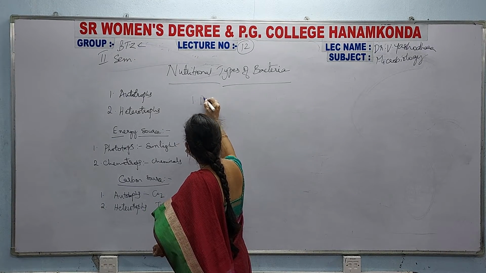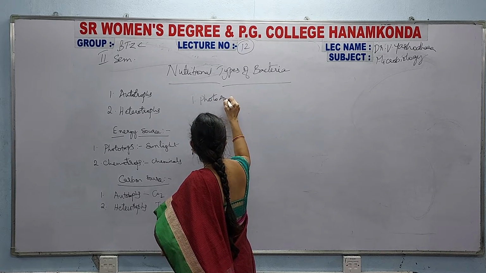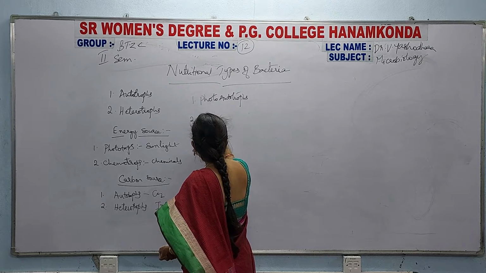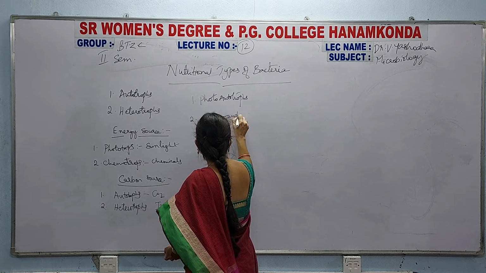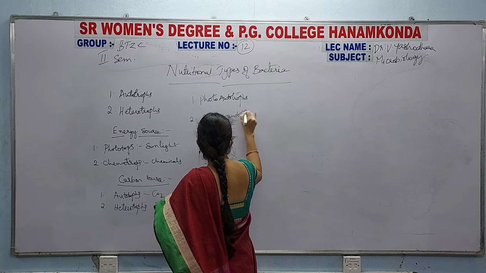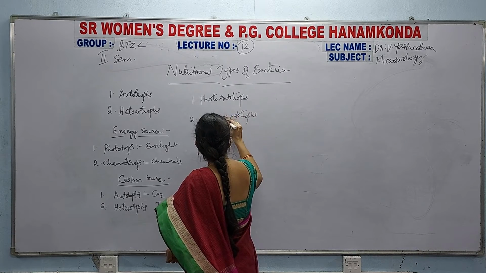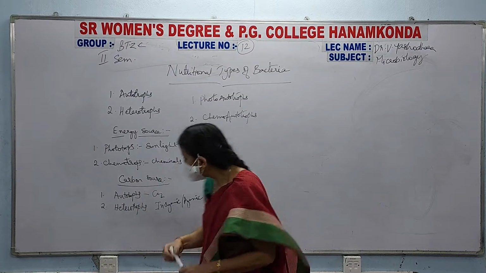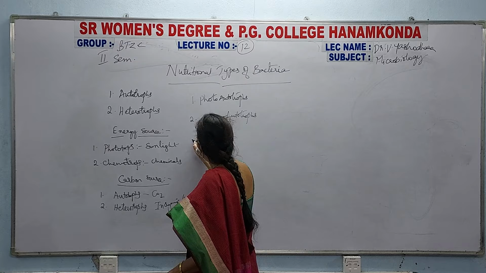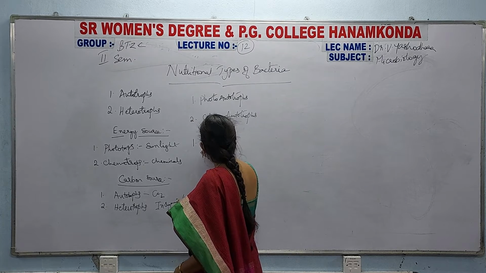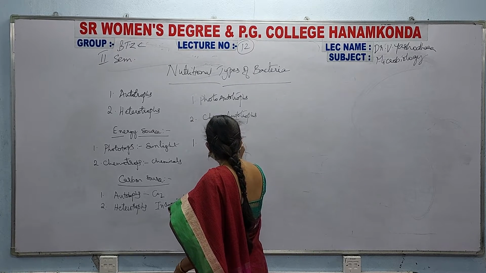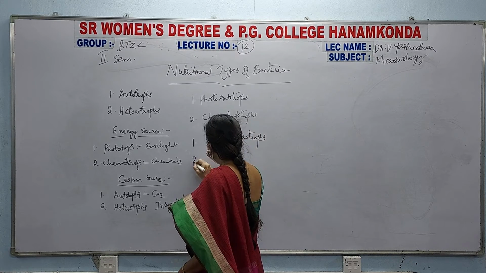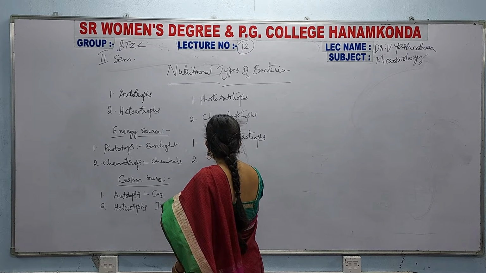One is photoautotrophs, the second one is chemoautotrophs. The next ones are photoheterotrophs, and the second one is chemoheterotrophs.